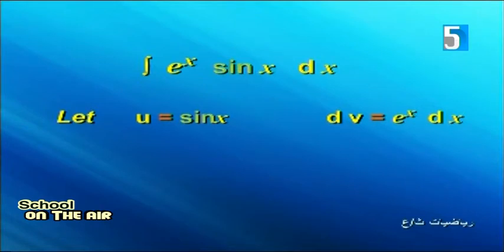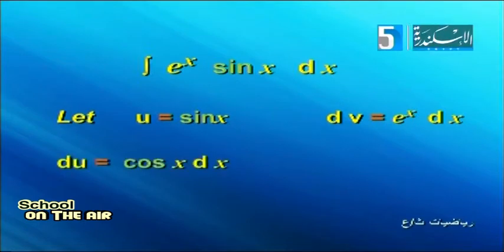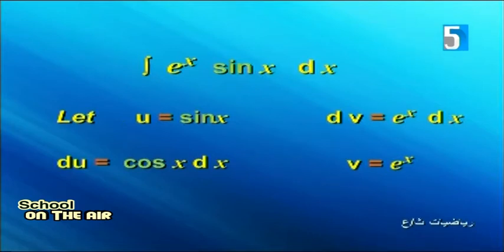The differential of u is du, and the differential of sine x equals cosine x dx. The integration of dv equals v, and the integration of e power x dx is itself, e power x. Now u multiply v minus integration v du.